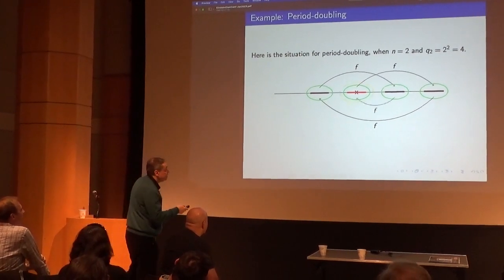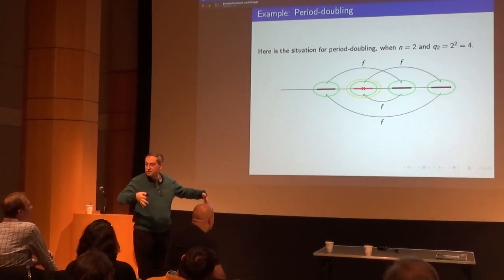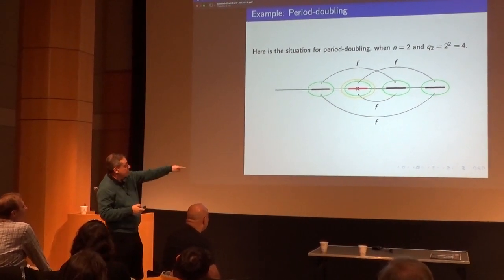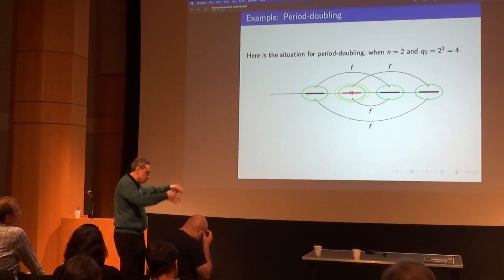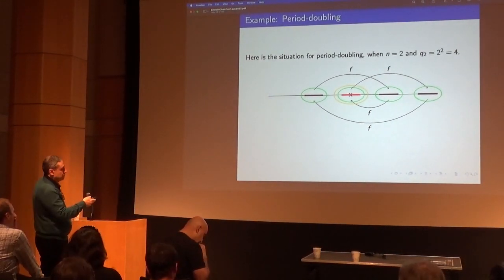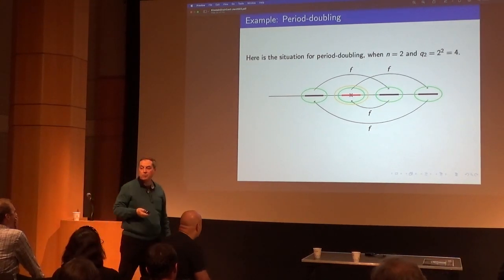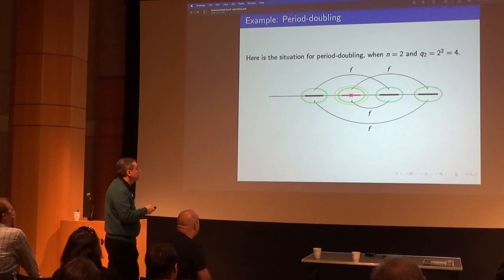And when you finally come back, you come back over the original disk. So the last green disk maps onto the yellow disk, in such a way that the map that you get is an AHPL map. It's like a polynomial-like map.